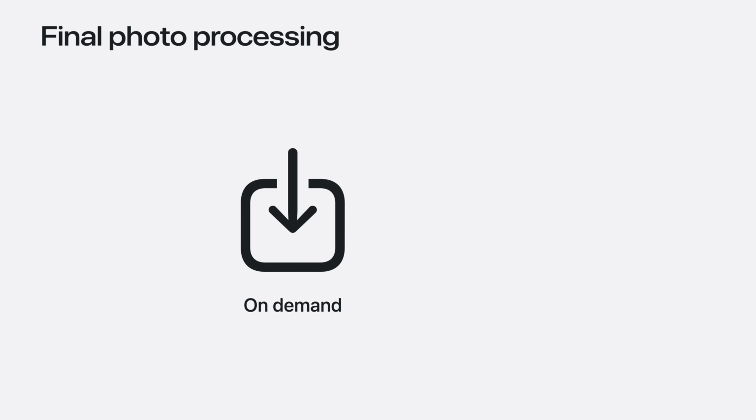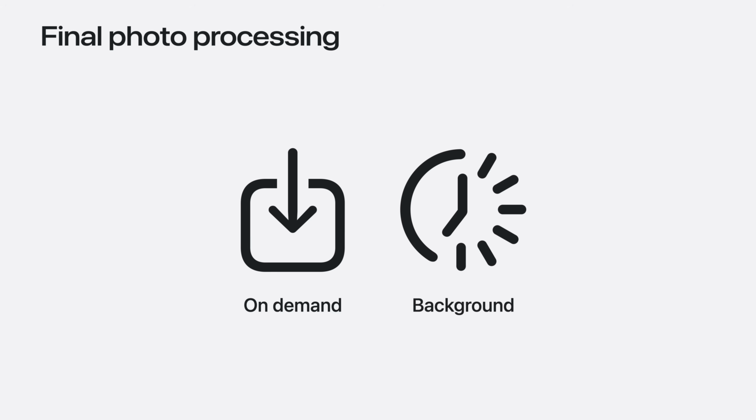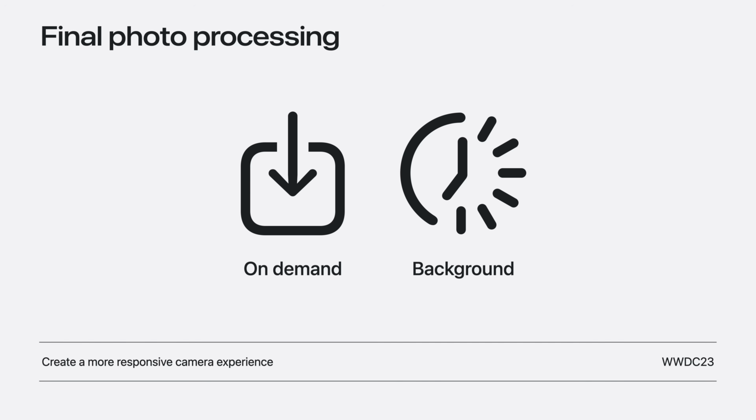Final photo processing happens in one of two ways: on demand, when you request the final photo through the photo library, or in the background when the system decides the conditions are favorable, such as the device being idle. Watch "Create a More Responsive Camera Experience" from WWDC 2023 for a deep dive into deferred photo processing.